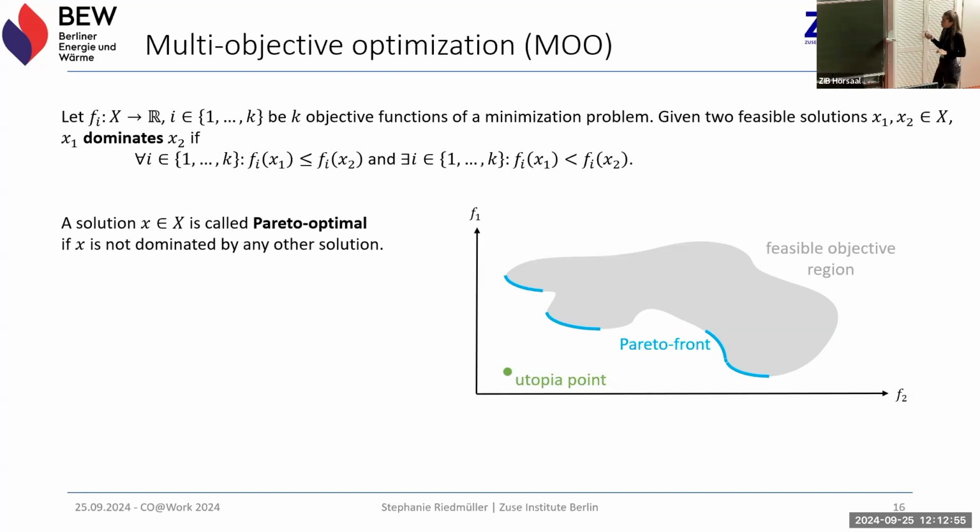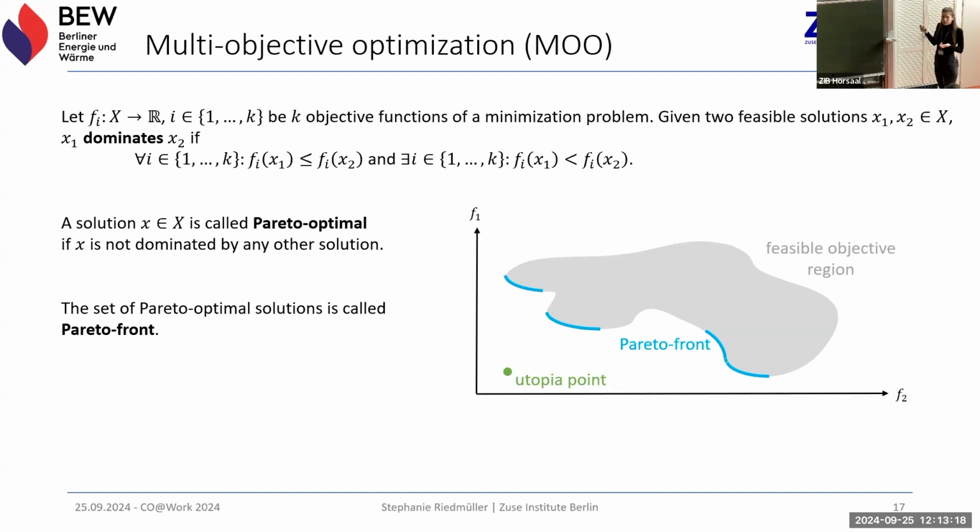The second notion we need is Pareto-optimal. A solution is called Pareto-optimal if there is no other solution that dominates it. The set of Pareto-optimal solutions is called the Pareto front. Here's a picture where you have the whole feasible region for two objectives, F1 and F2.